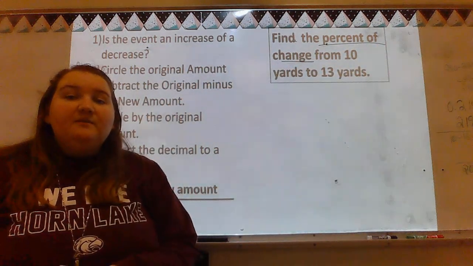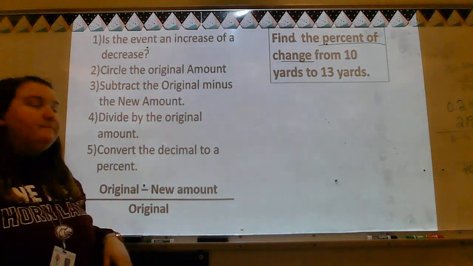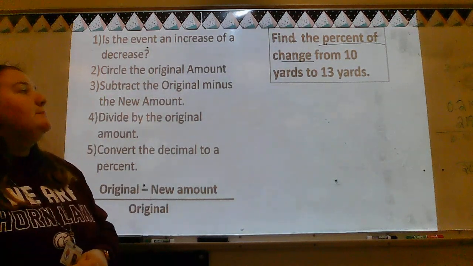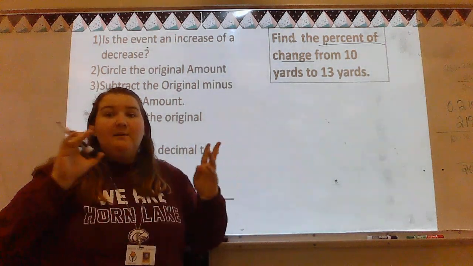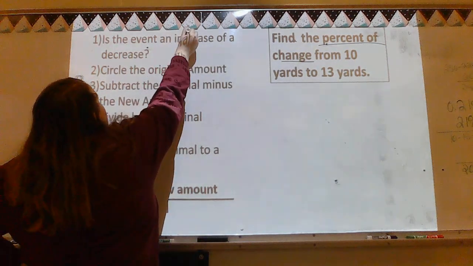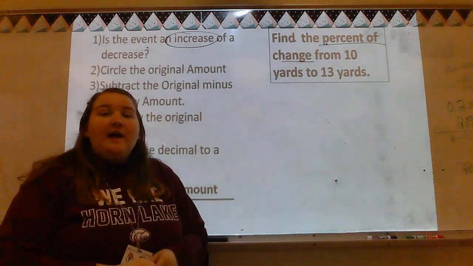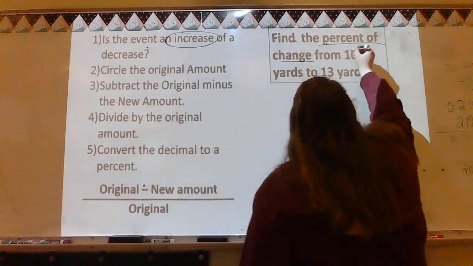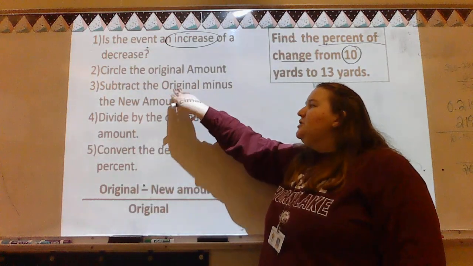If we're doing percent of change, we're going to use these steps with this formula. Now, from 10 yards to 13. Did we get bigger or did we get smaller? In this case, we got bigger. So we increased. Now, circle that original amount. Where did we start? We started at 10. Subtract the original minus the new.